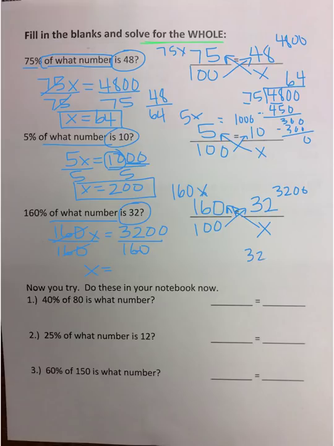So I know that 16 times 2 is 32, which means 160 times 2 would be 320. Okay, bring down a 0, and I know it has to have another place because there's another place for it to go over, so I have to have something in this spot here. That means x equals 20. So 32 over 20 would be 160. 32 would be 160% of 20. This one's a little weird to try to understand.